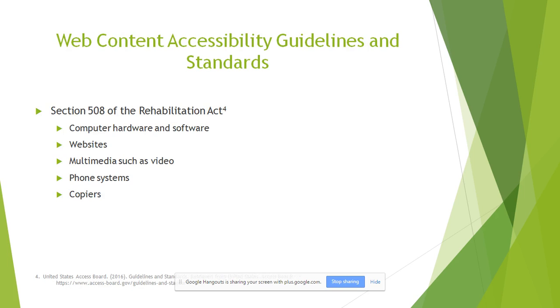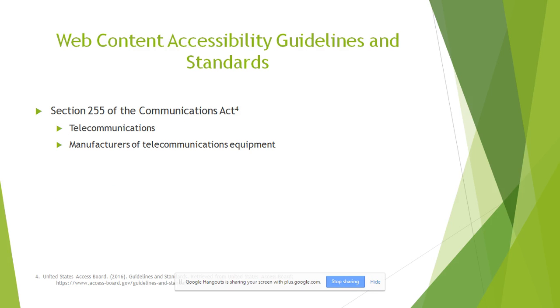Let's move into the web content guidelines. Web accessibility guidelines and standards are covered by Section 508 of the Rehabilitation Act. This act sets standards as it pertains to computer hardware and software, websites, videos, phones, and copiers. They are also covered under Section 255 of the Communications Act.